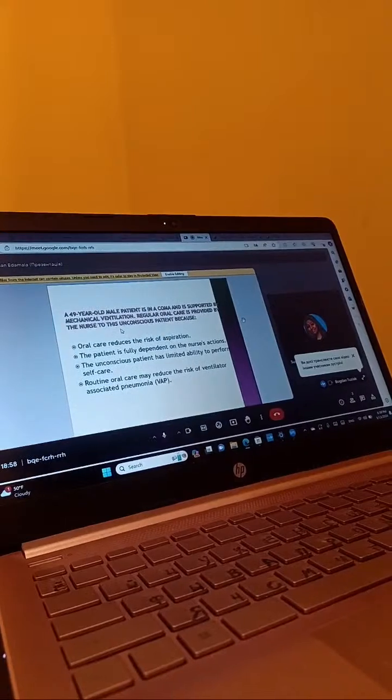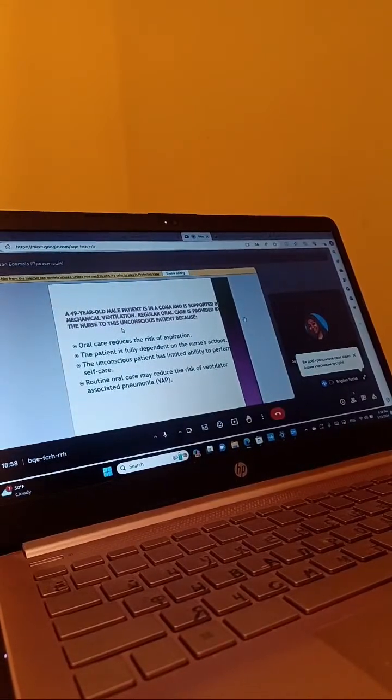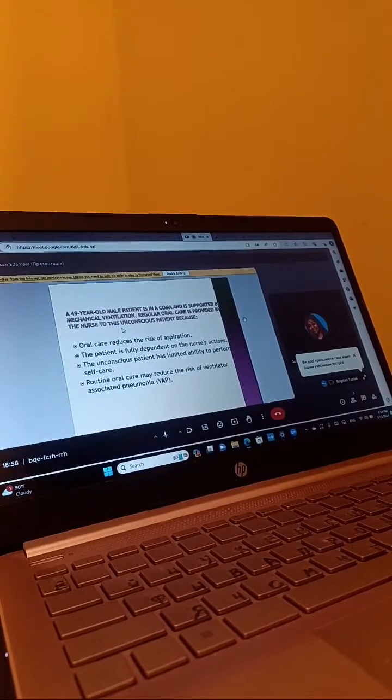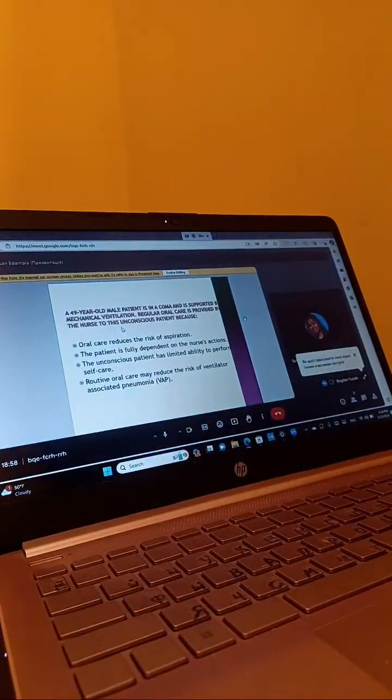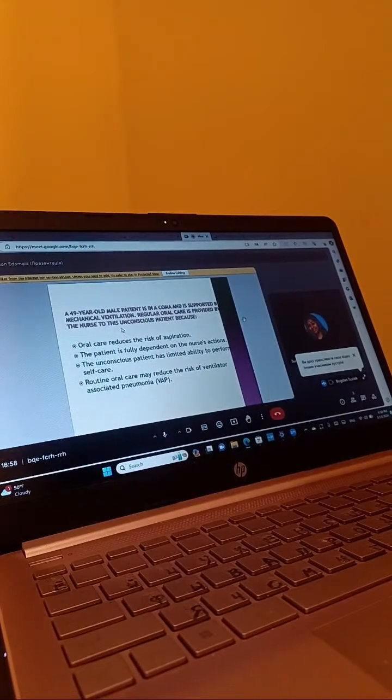Also, the unconscious patient has a limited ability to perform self care. Also, it's real. Routine oral care may reduce the risk of ventilator associated pneumonia.